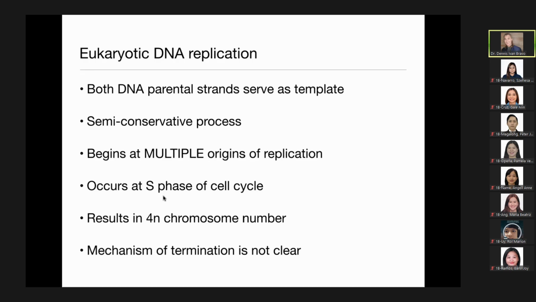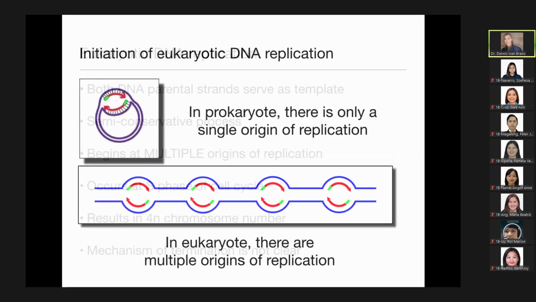Now, for humans, the number of DNA that we have is 2n. So during G1, the number of DNA or chromosome is 2n, and at S phase, where replication happens, it doubles up to 4n. And this will be restored back to 2n after mitosis. So just a visual comparison between prokaryotic versus eukaryotic DNA replication.